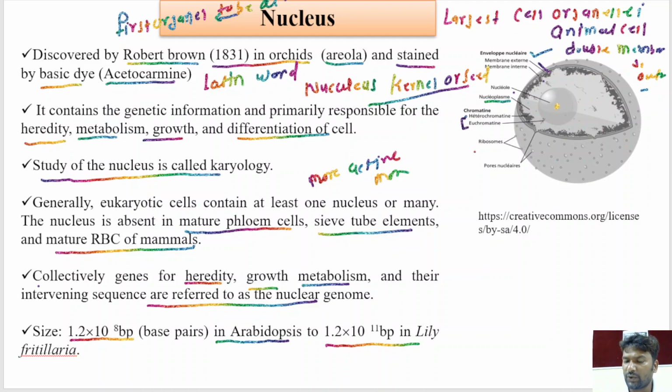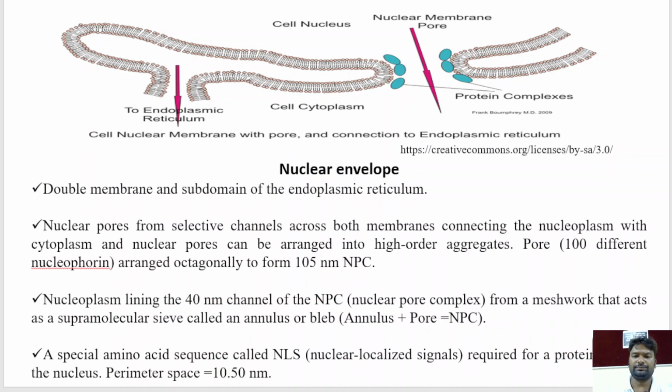Then we have ribosomes on the surface and nuclear pores. We will discuss the structure of these. So let's start with the nuclear envelope. As you know, the nucleus has a double membrane structure: the outer membrane and the inner membrane.